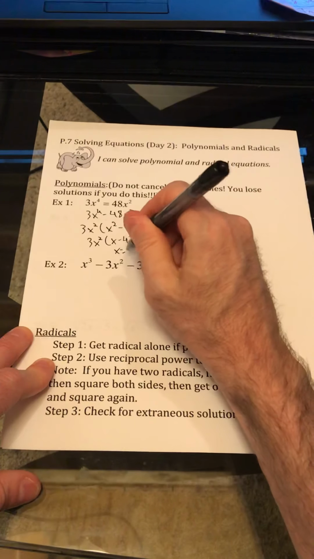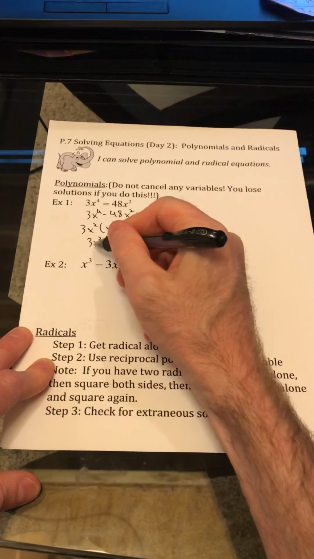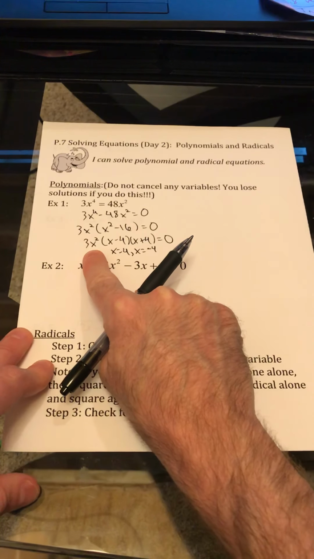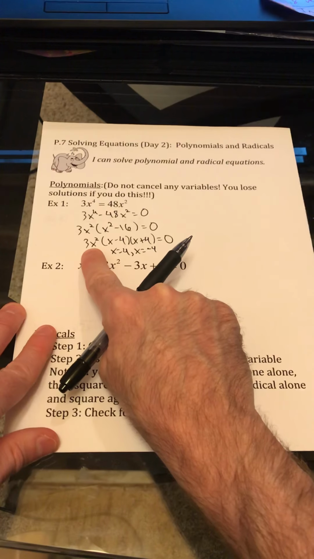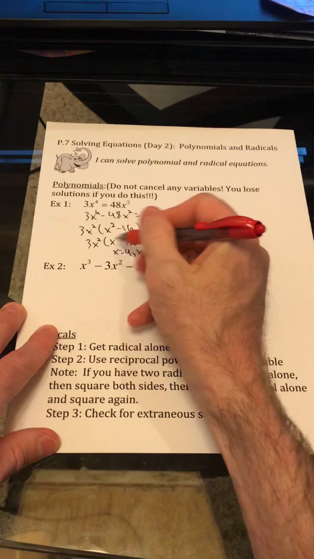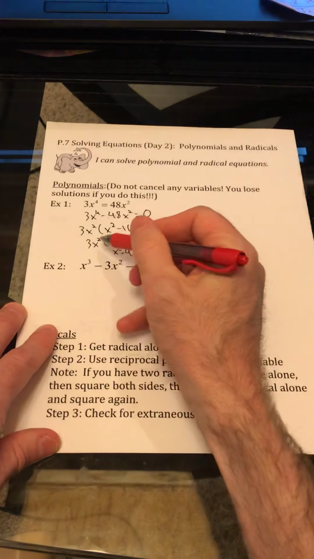So x is 4, x is negative 4, and then for this, I don't know that we have specifically talked about this. If you're not sure what these answers are going to automatically give you, whenever you have factors, you're just setting them equal to 0. That's the zero product property.